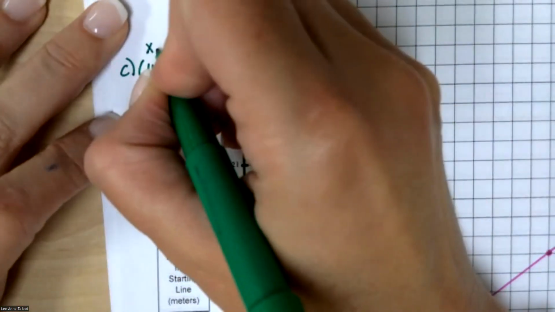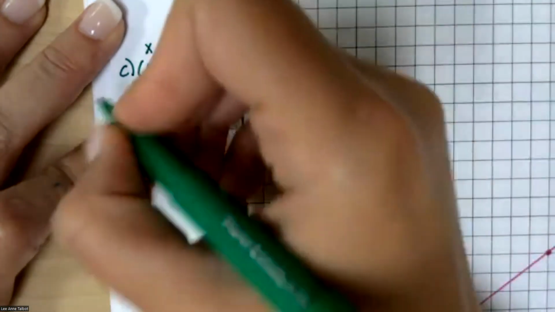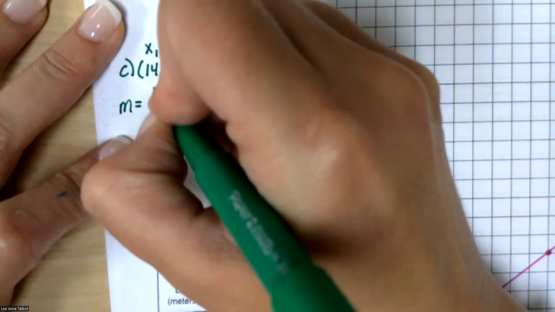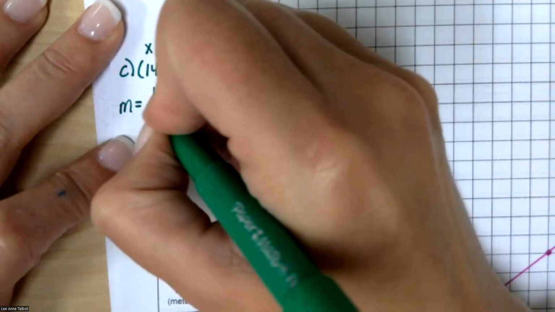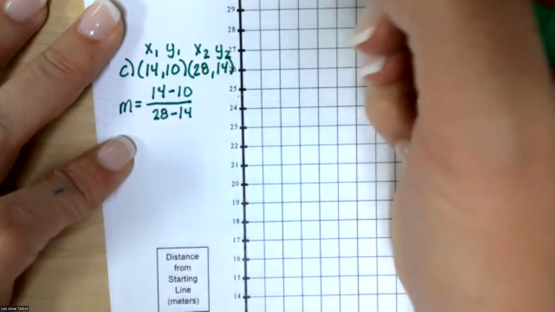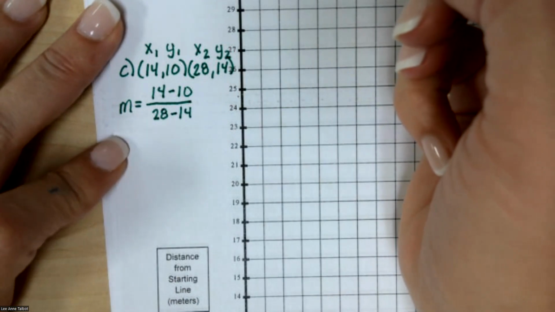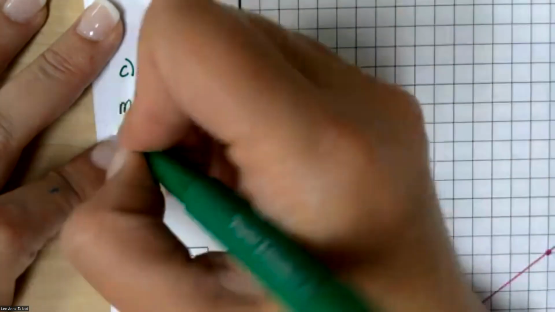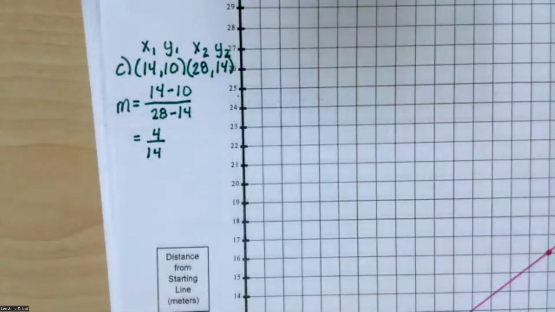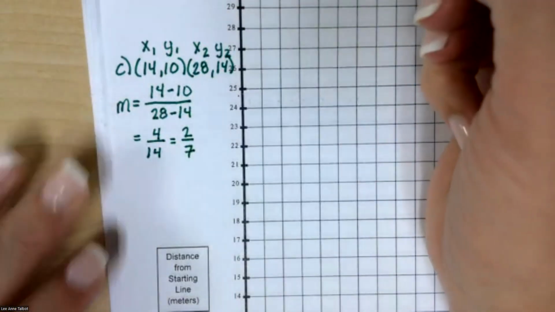So x1, y1, x2, y2, m equals y2 minus y1 over x2 minus x1. Four over 14. Yep, beautiful. Reduced to 2 over 7.